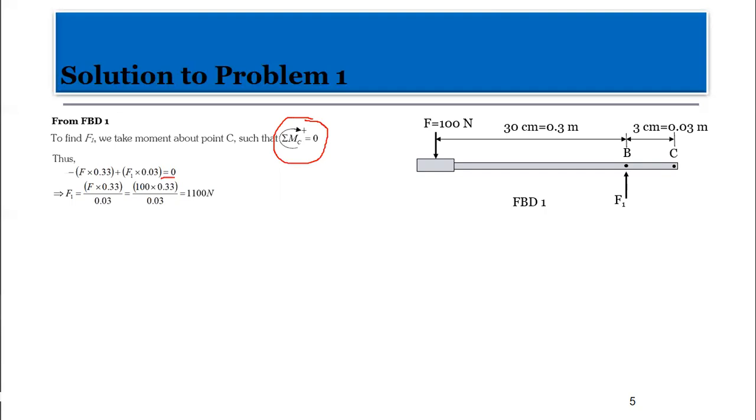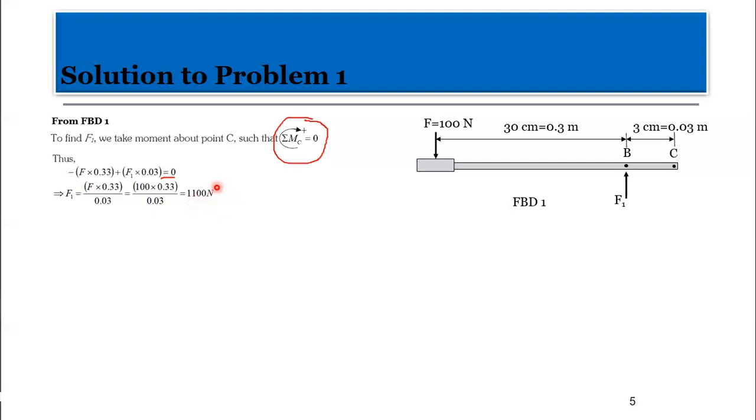Now, having said that, we can make F1 the subject by taking this to the right hand side of the equal sign, and then we divide through by 0.03, and we have F1 equal to this expression. We know F to be 100, so altogether we have 1100, sorry, 1100 newtons.